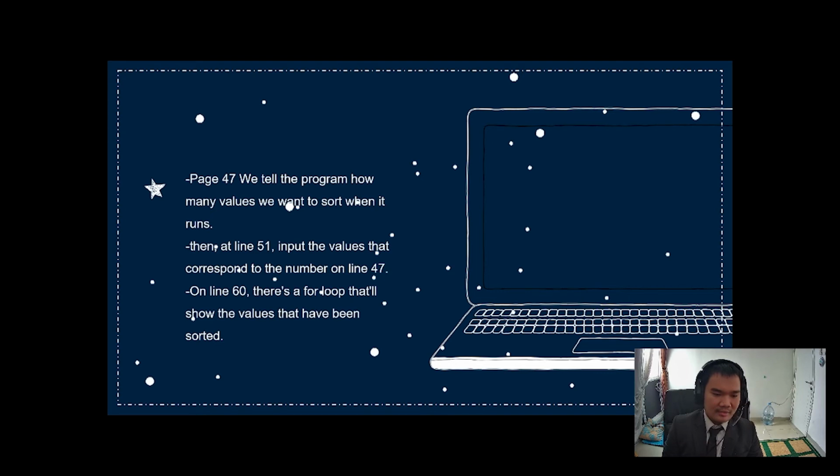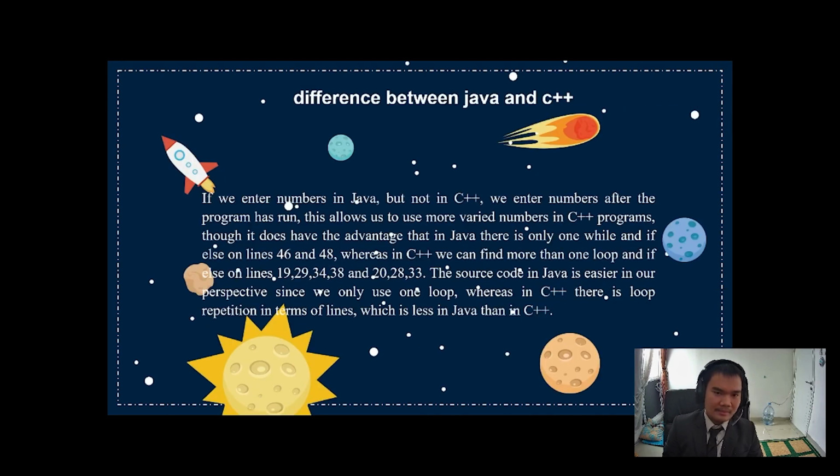Then at line 51 we input the values that correspond to the number on line 47. On line 60 there is a for loop that shows the values that have been sorted.